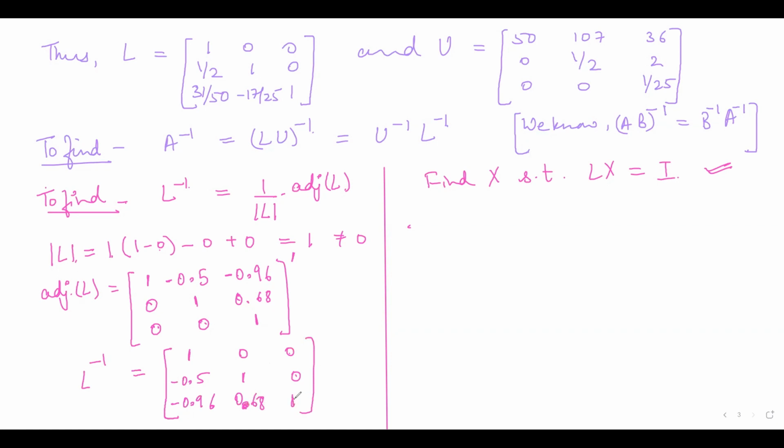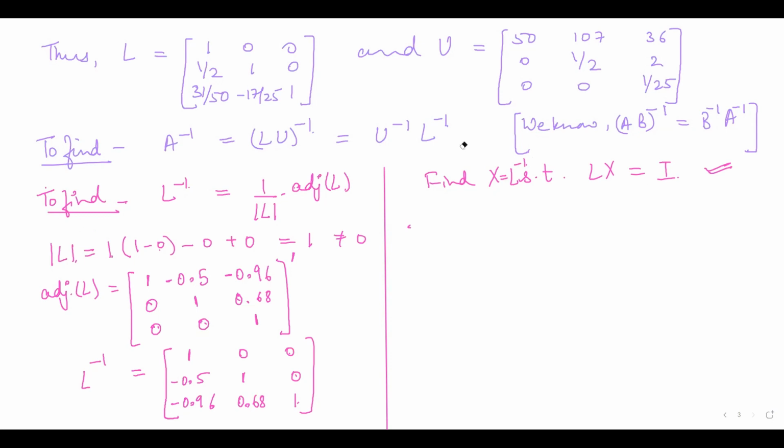Now this is the easiest and the original way of finding out the inverse. And also you could apply this particular method that I'll be telling you: find x such that L into x is equal to I. Now x here is your L inverse, right?